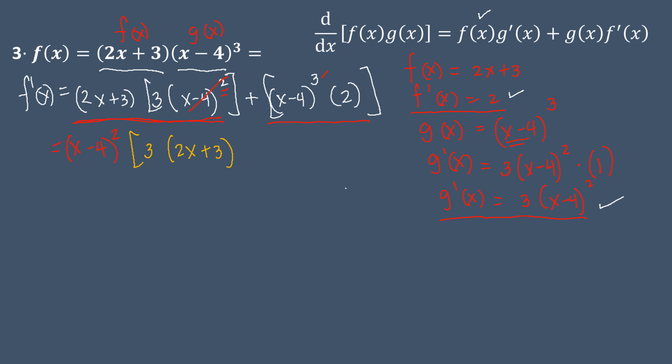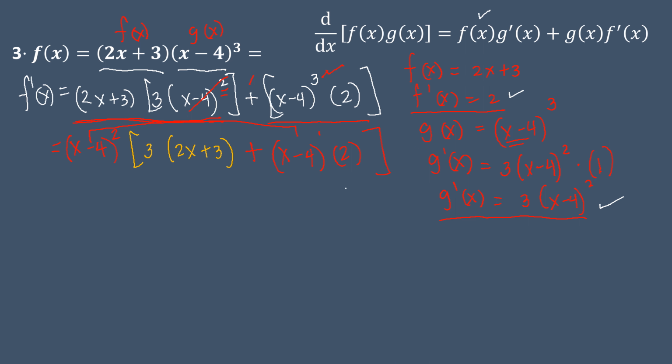So we copy the plus there, and since there is a 3 and a 2, we have the remaining x minus 4 to the power of 1 and a 2 there. If we multiply them back, we will get this entire expression.